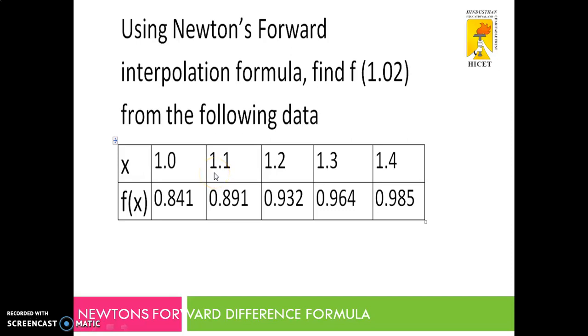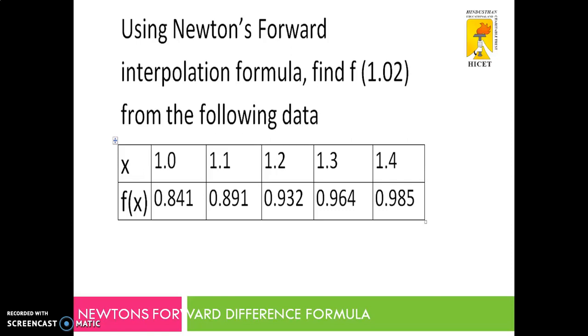If the value of x occurs at the beginning of the table, we have to apply Newton's forward interpolation formula. Before that, we have to check whether the values of x are equally spaced or not. The difference between 1.0 and 1.1 is 0.1.